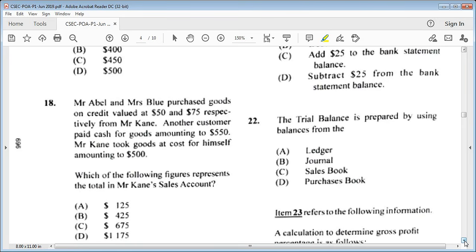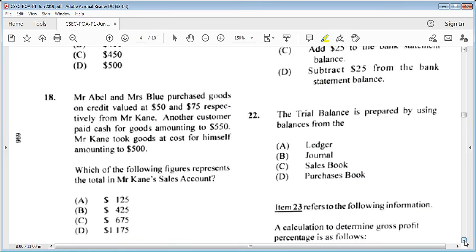A, $125, B, $425, C, $675, D, $1,175. So we know $50 plus $75 plus $550, we get $675. So that's the total in Mr. Kane's sales account, right? So that is how we got our figure. C would be our answer.